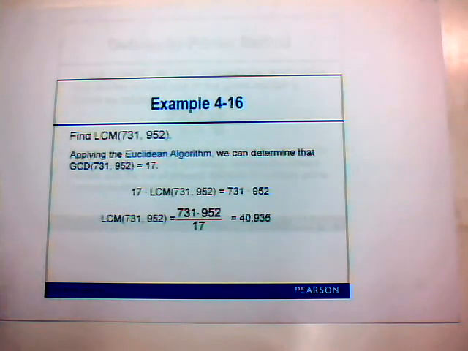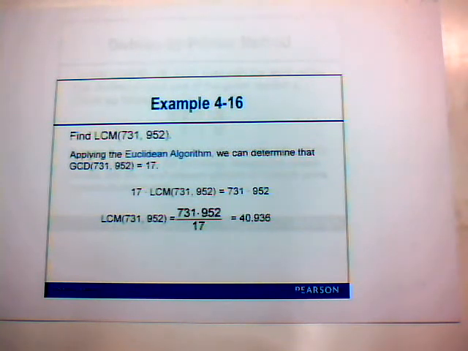Like in this example, if we want to find the LCM of 731 and 952, we can apply the Euclidean algorithm to determine that the GCD of 731 and 952 will be 17. And then we take 17 times the least common multiple of 731 and 952, which will equal 731 times 952.